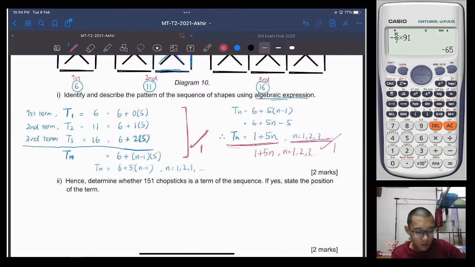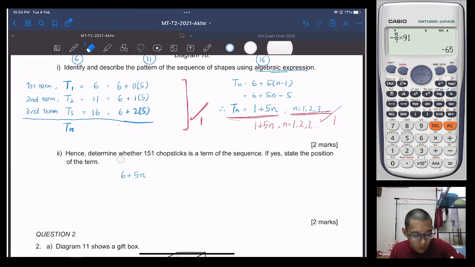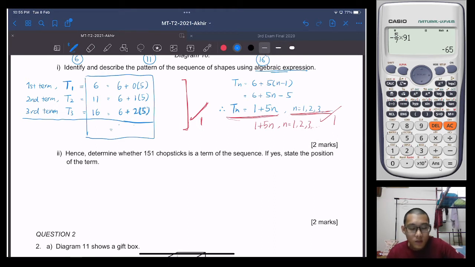Let's say some student gives an answer of 6 plus 5n. When they try to conclude, maybe they didn't write any Tn or T1, but from the terms they conclude 6 plus 5n, where n is this part.